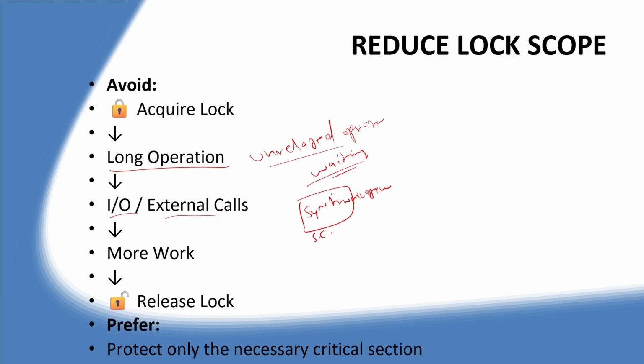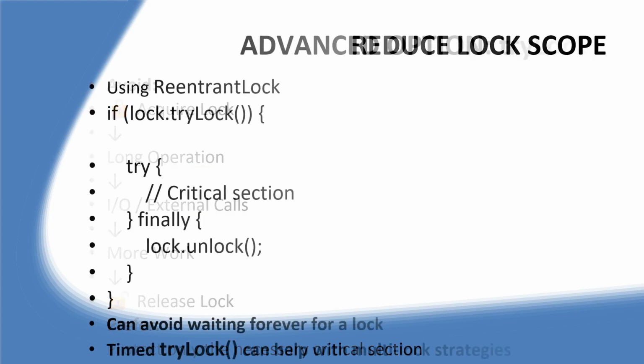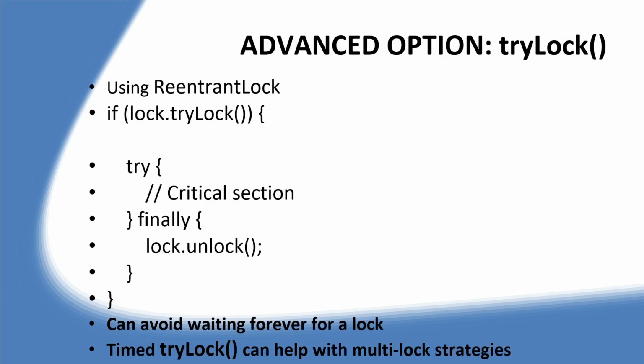Now we will see one prevention approach, how to use that one. Java also provides explicit lock APIs, such as ReentrantLock. ReentrantLock provides a method such as tryLock. tryLock is the method name. With tryLock, a thread can attempt to acquire a lock instead of necessarily waiting indefinitely.